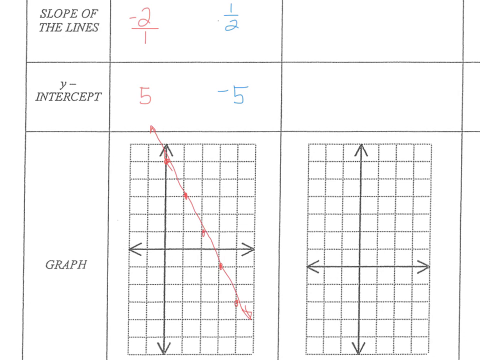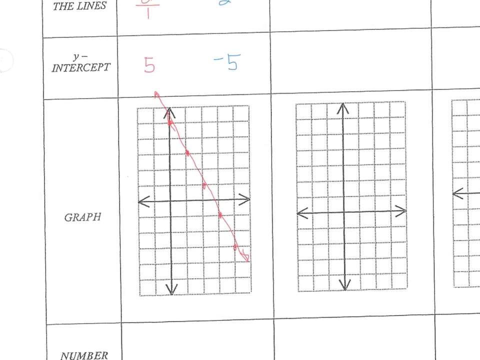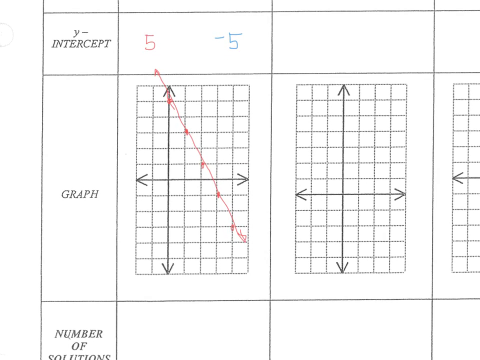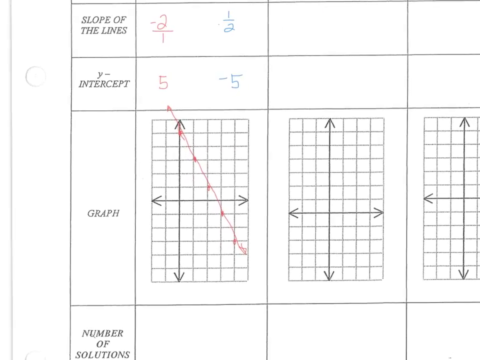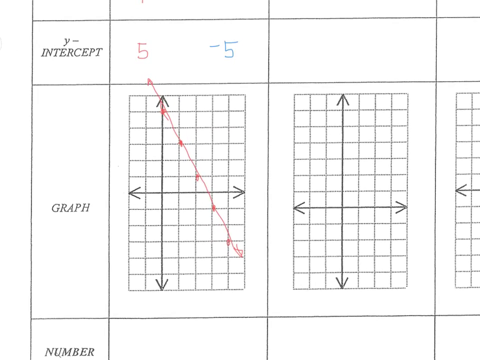For the other line, we're starting at negative 5 for our y-intercept, and our slope is 1/2. So our slope is 1 over 2, so we're going over 2 and up 1. Run is 2, rise is 1, and you can see where they intersect.